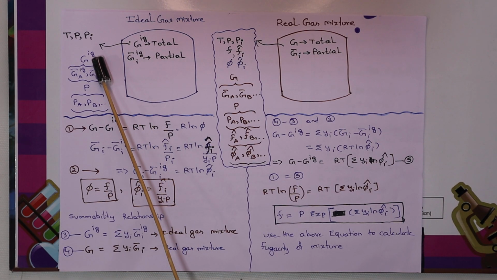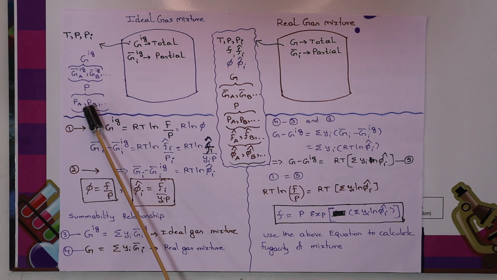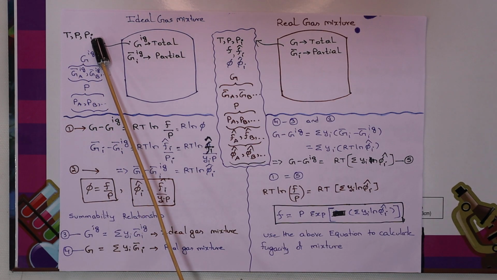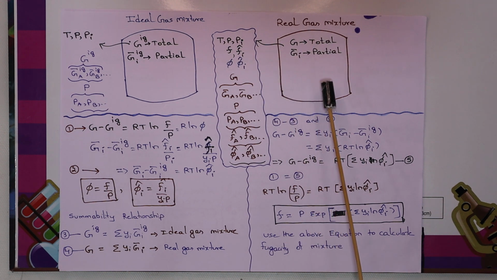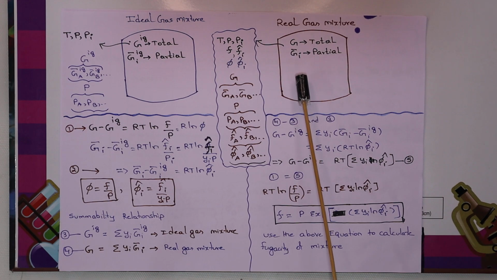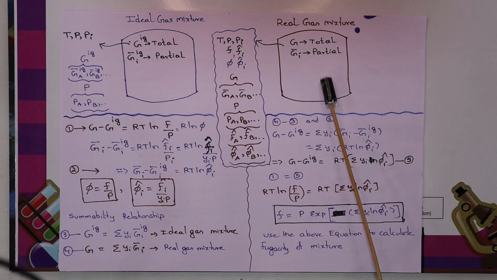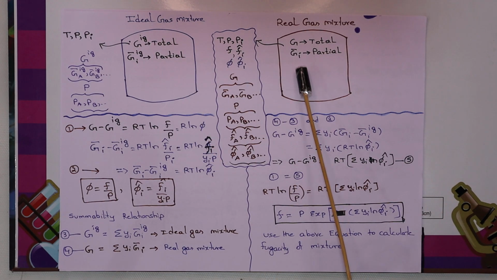The total Gibbs energy G ig is a combination of different gas molecules in this mixture. The total pressure is P, which is because of the different partial pressures of the components in the mixture. T is the temperature, P is the total pressure and Pi is the partial pressure. What we have dealt with in this example is non-ideal, because the fugacity coefficient and everything comes from the non-ideal gas mixture. To evaluate a non-ideal gas, you have to take the help of an ideal gas, so you have to compare these two all the time.